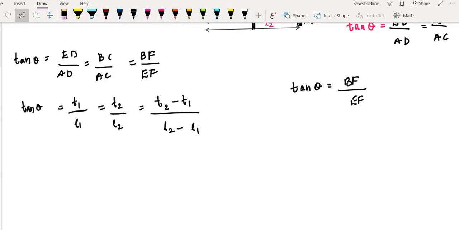So tan theta is equal to T2 minus T1 divided by L2 minus L1. Now when theta is very small, tan theta is approximately equal to theta itself. So theta is equal to T2 minus T1 divided by L2 minus L1.